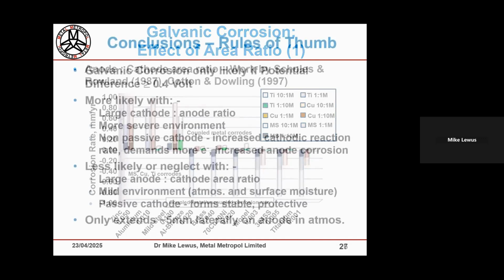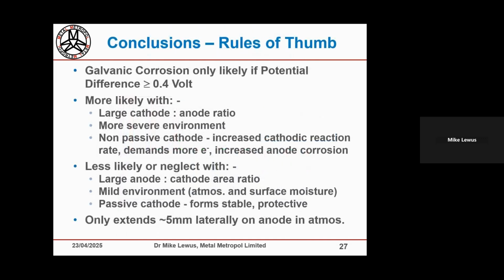So, in summary, when it comes to galvanic corrosion, it's only likely we're going to get any significant corrosion if the potential difference between the two metals is greater than about 0.4 volts. It's more likely if we've got a large cathode area and a small anode area.